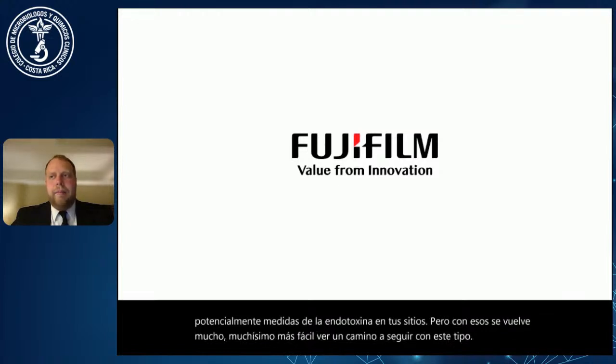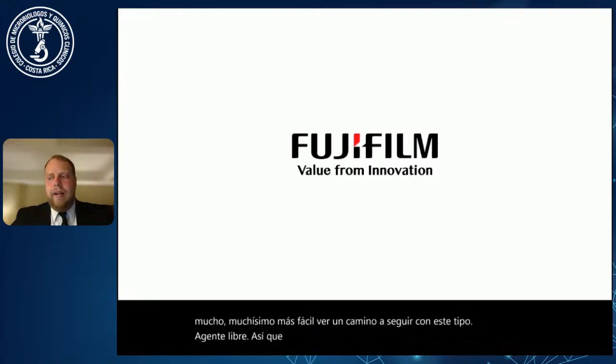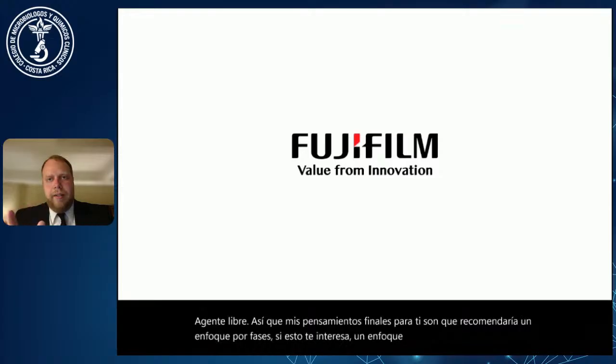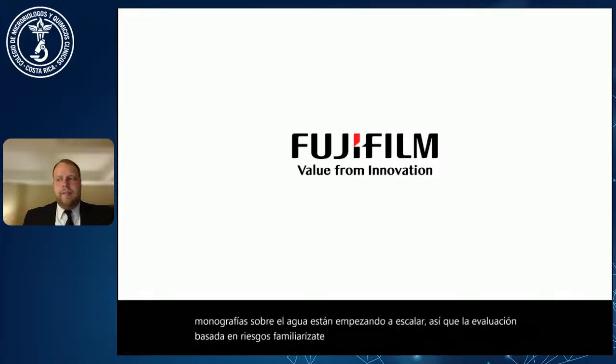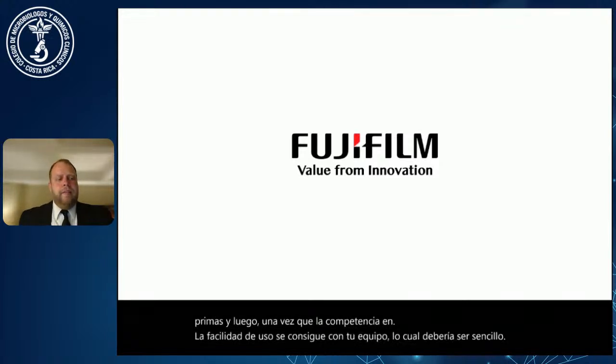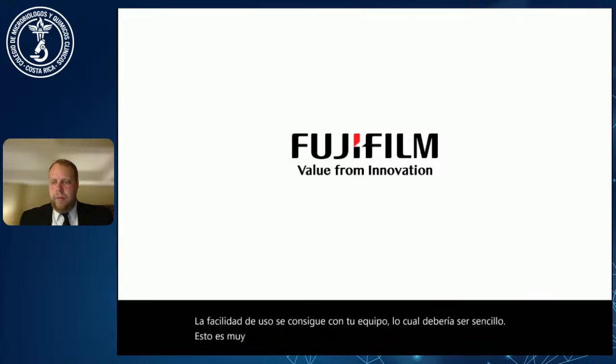So my concluding thoughts for you are, I would recommend if this is of interest, a phased approach. We already know the water monographs are coming to scale. So a risk-based assessment, become familiar with these reagents in your in-process tests, evaluating raw materials, and then once proficiency and ease of use is achieved with your team, which should be simple, as this is very similar to the traditional chromogenic reagents.